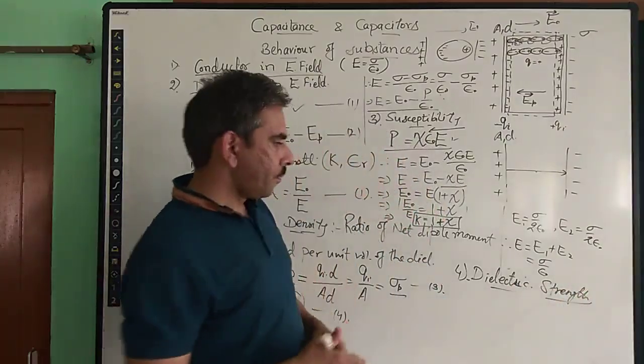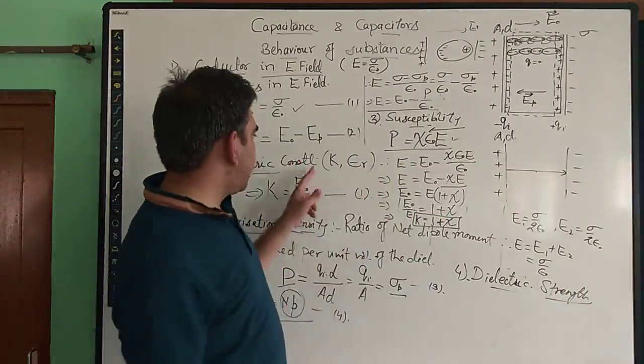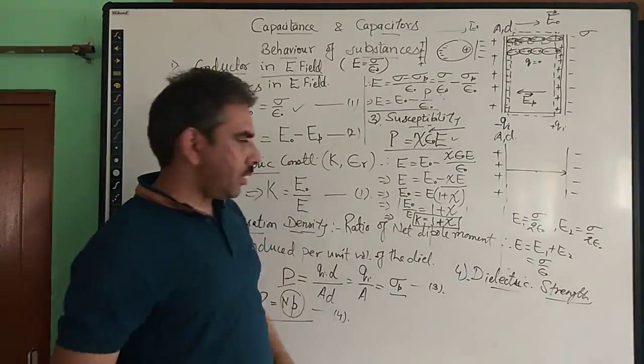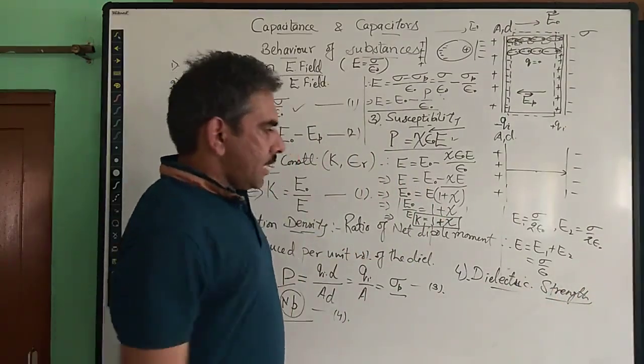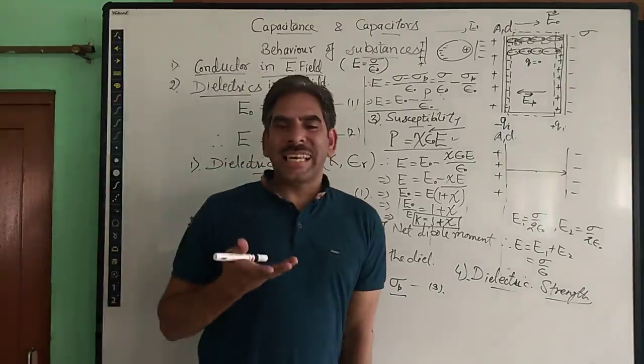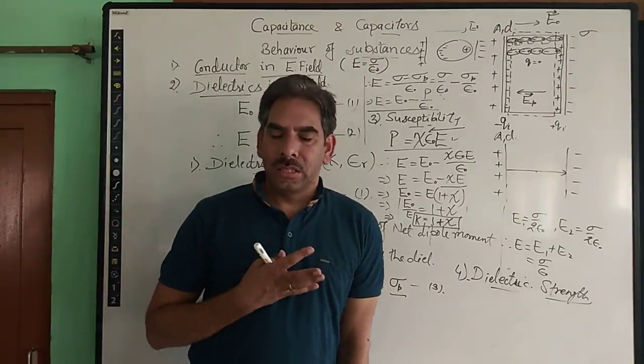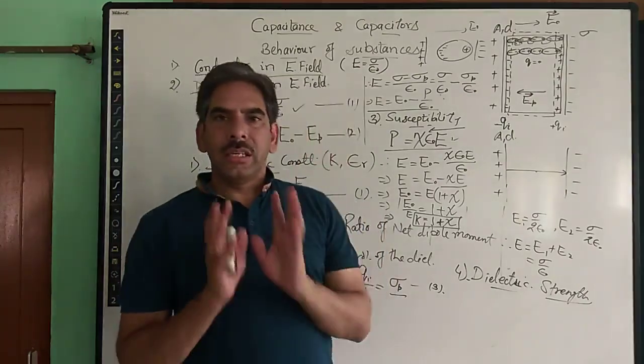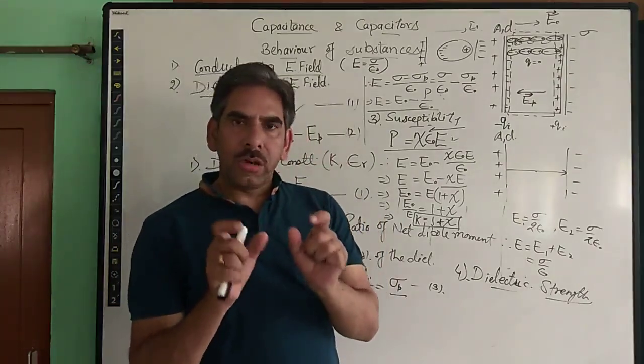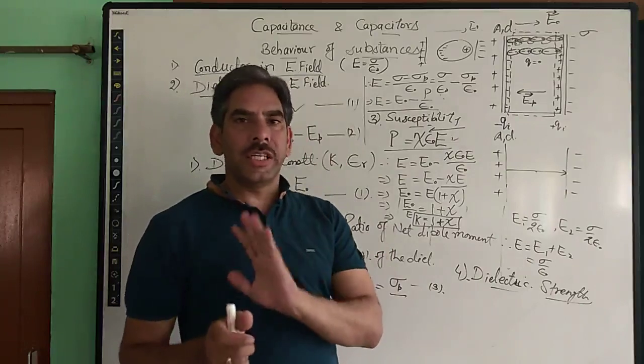Dielectric strength and dielectric constant are two different things. Dielectric strength measures up to which extent the field can be applied to a dielectric substance so that the breakdown of positive and negative charges does not take place.